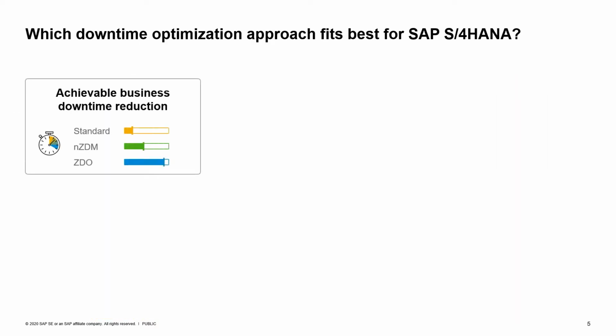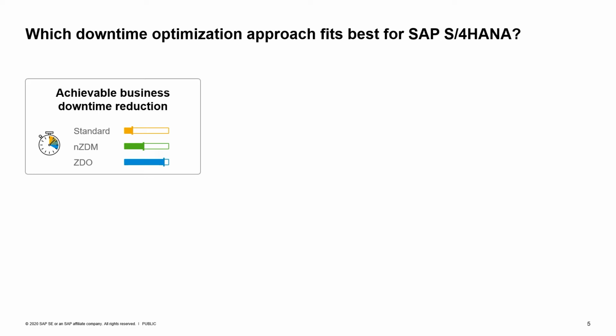There is now three ways to optimize downtimes, or let's say to apply a support pack, a feature pack, or release upgrade. Which one should I choose now? If you have the standard, the NZDM, the ZDO, you can see that it depends actually on the business downtime that you want to achieve, right?